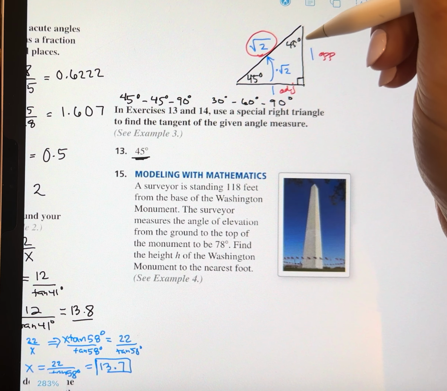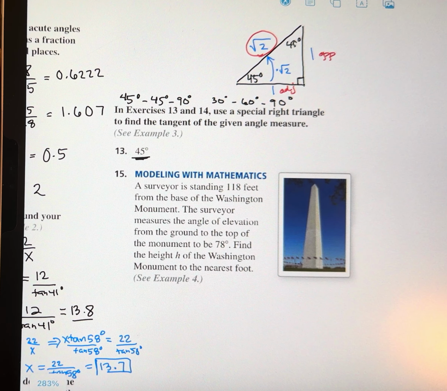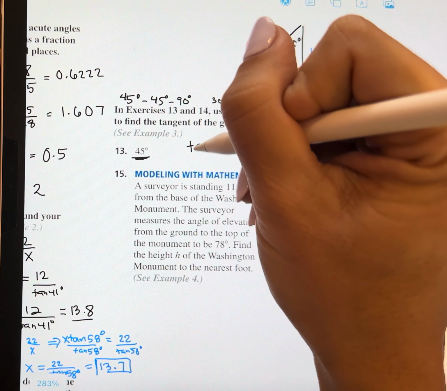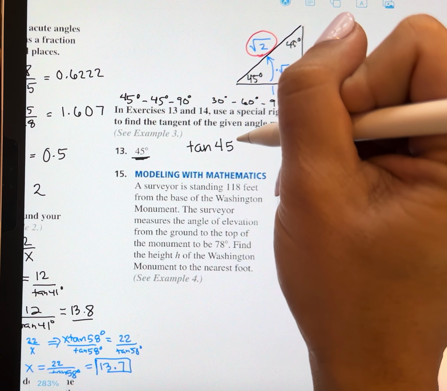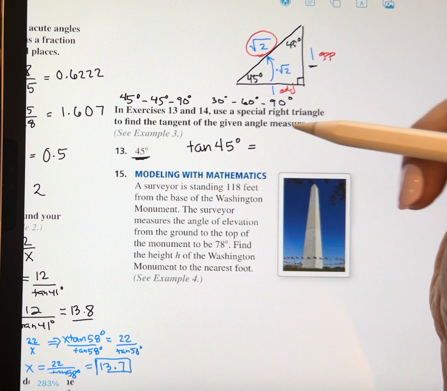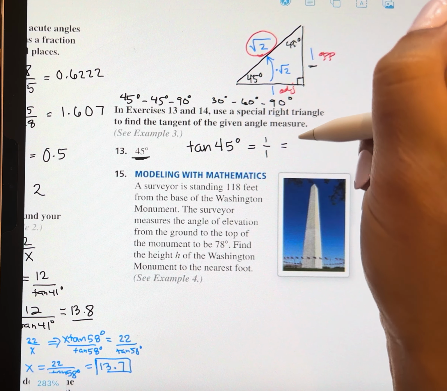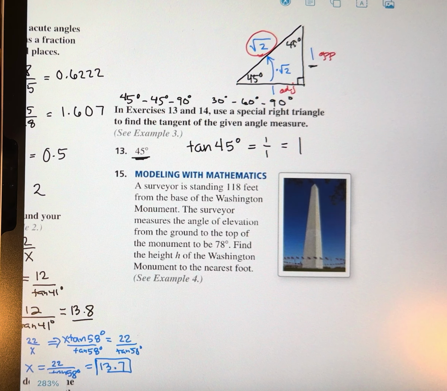You could have done this 45-degree angle. Standing here, this would be opposite, and that would be adjacent. Doesn't matter, because either way, tangent of 45 degrees is 1 over 1, which is 1. Okay.